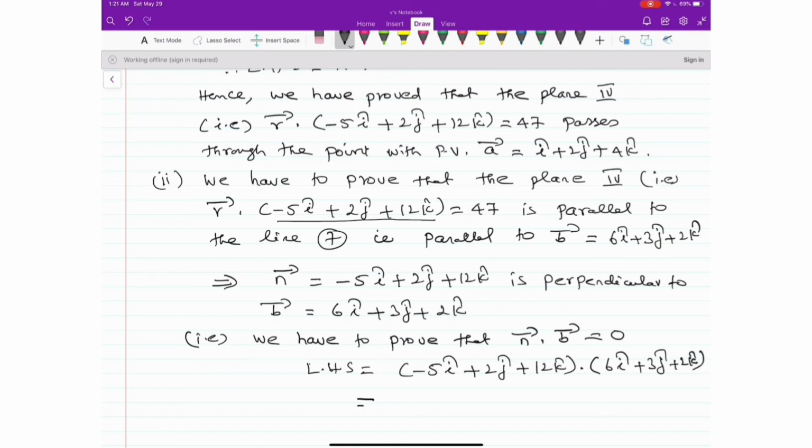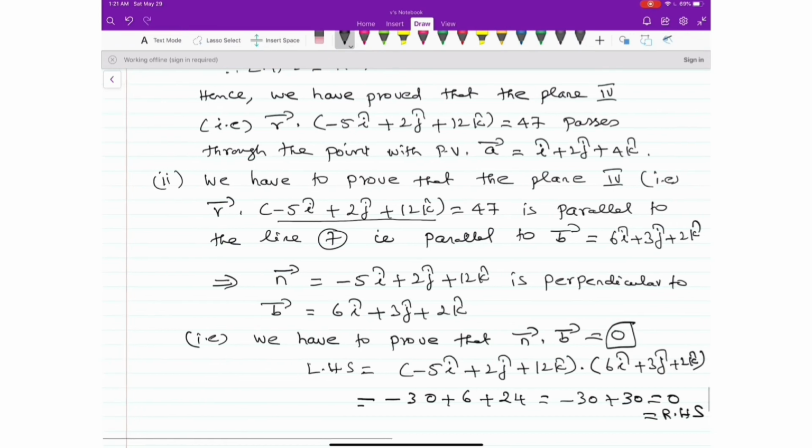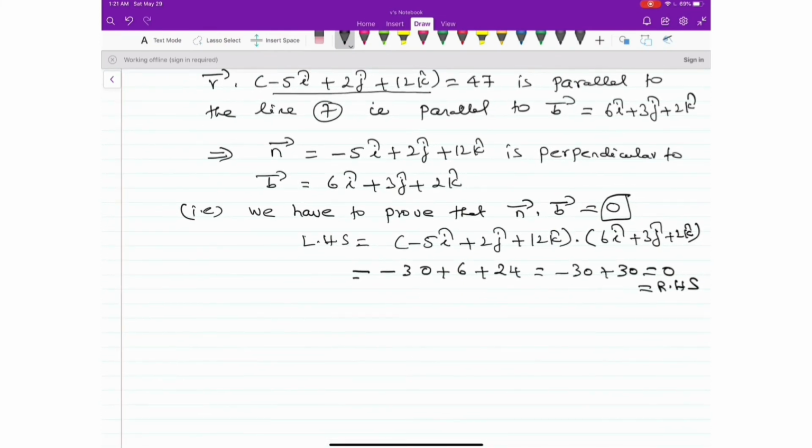When I take the dot product, I will be getting -30 + 6 + 24, which is equal to -30 + 30, which is equal to 0. That 0 is nothing but your RHS. Therefore, LHS is equal to RHS.